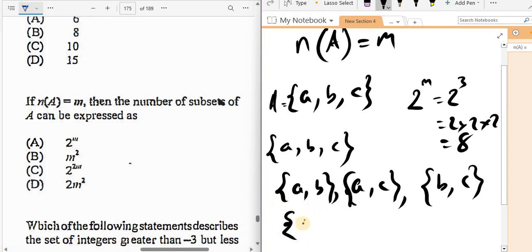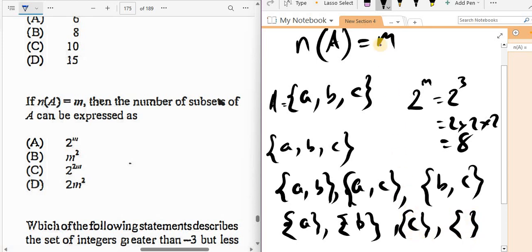Single sets, right? A. What else? B. Any other one? C. Any other one? And the empty one? How many of them do we have so far? Did we miss any? 1, 2, 3, 4, 5, 6, 7, 8. Right? Everybody get that now?